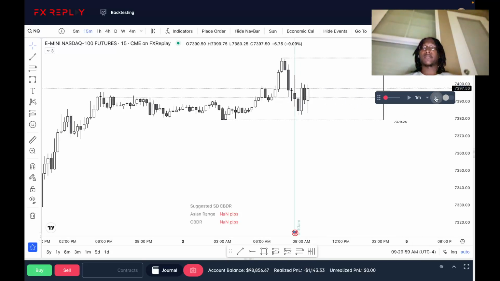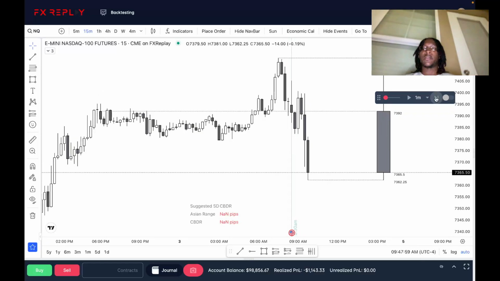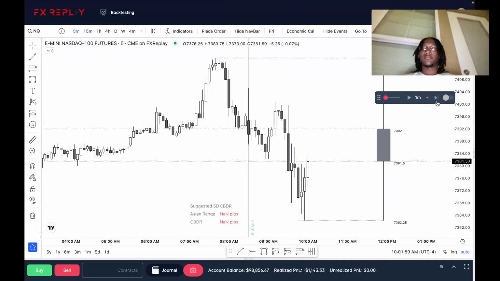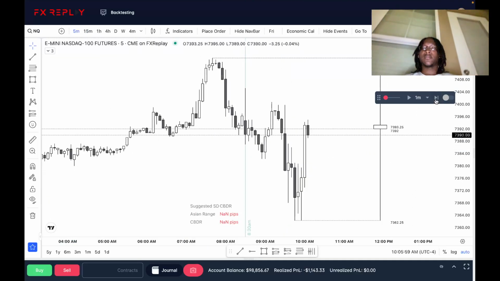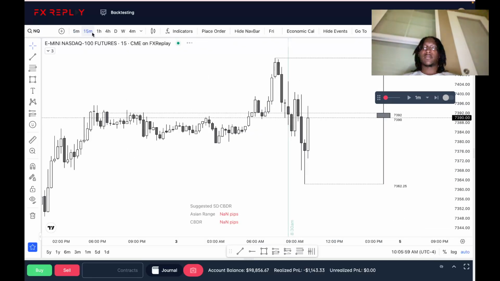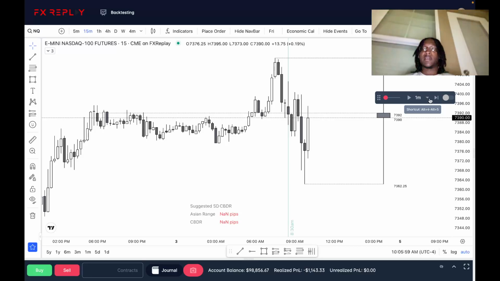9:15, 9:30, sweep the low, a little lower, same sweep. Nice, I like that. Run above this. 6-minute inverse.